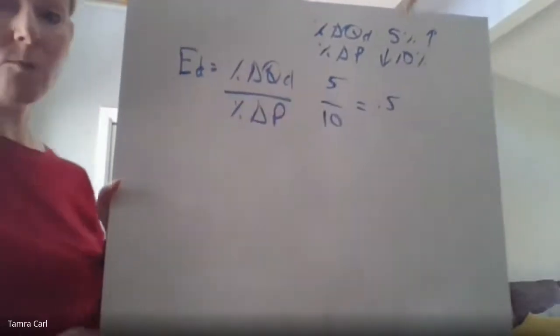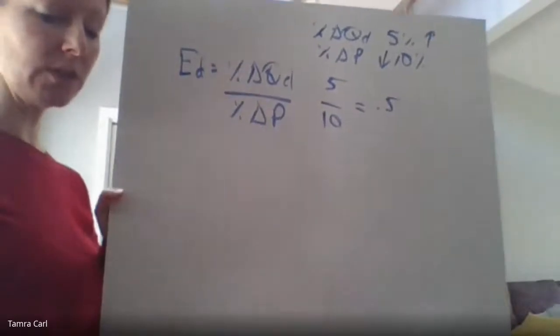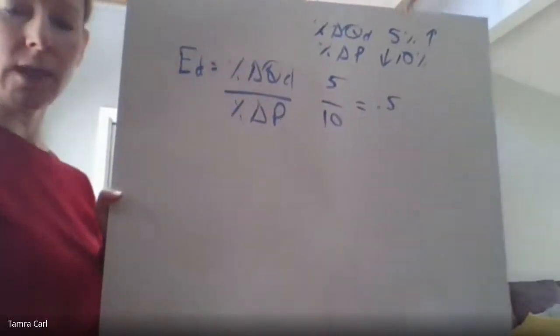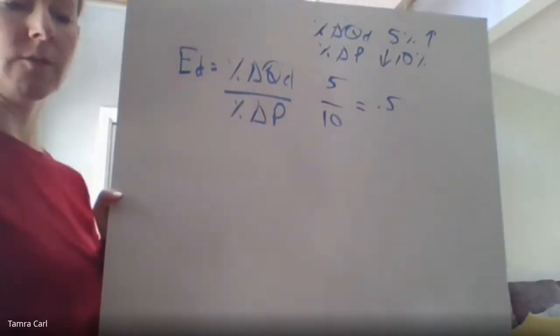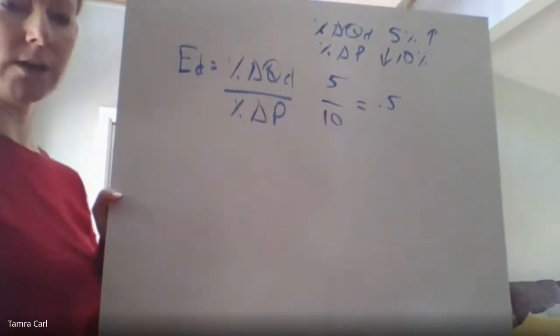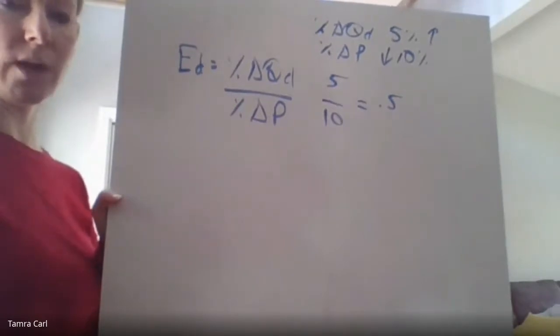If I had to say why, though, instead of just saying the coefficient is less than 1, that's where I would talk about the relativeness of the percentage change in quantity demanded relative to the percentage change in price.